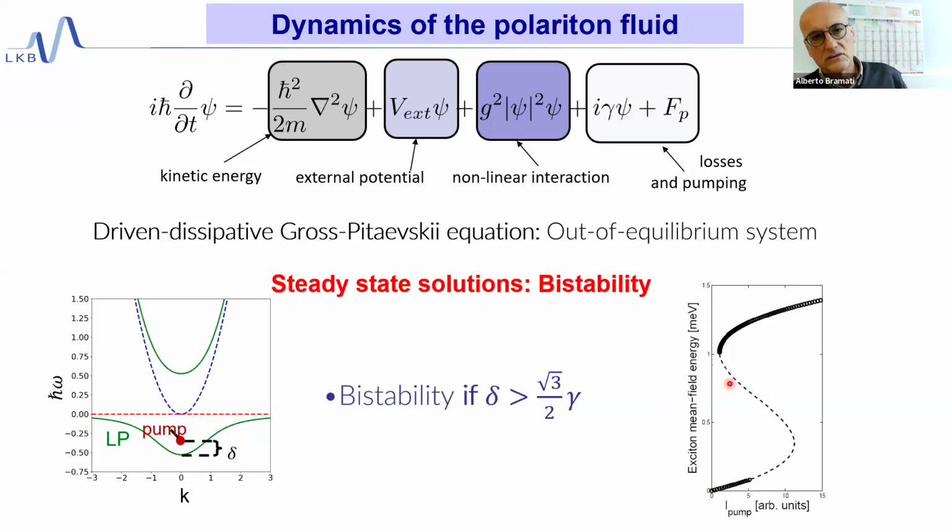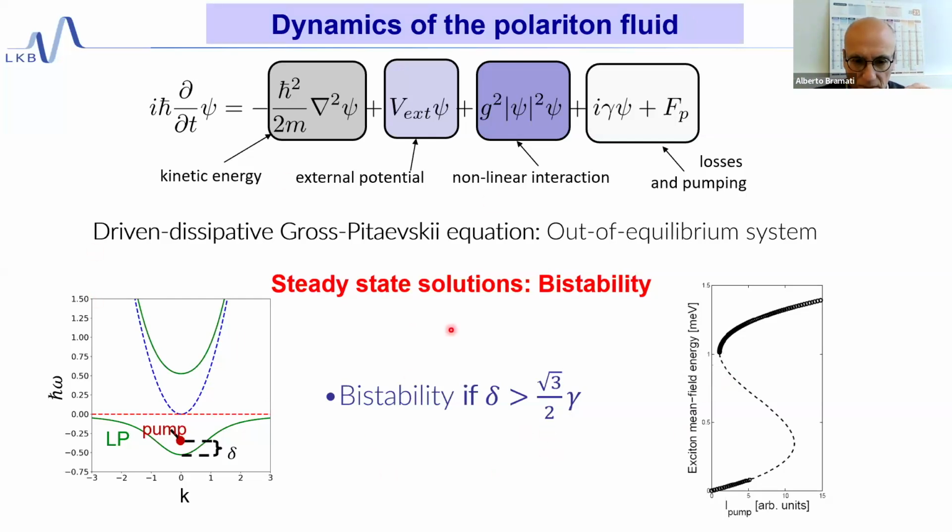In order to fully characterize the behavior of a quantum fluid of polaritons, what we have to know is the behavior of the collective excitations of the fluid. We have a homogeneous fluid, we generate a small perturbation on top of this fluid, and we want to know how this perturbation behaves, how it propagates and so on. In order to do this, we have to use the so-called Bogoliubov treatment.